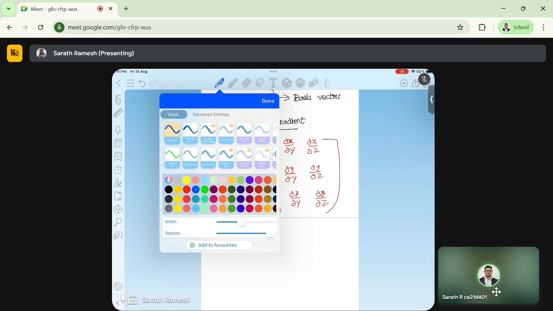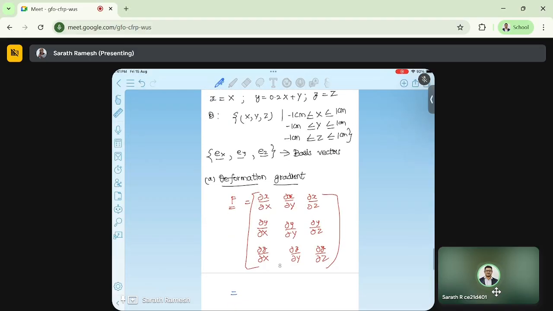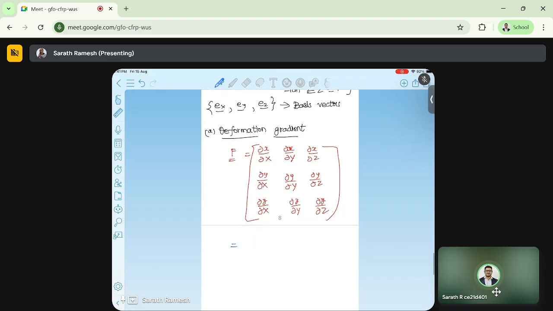Now let's use this. So when we substitute it here, what will happen? So x is capital X, so it will become 1, 0, 0.